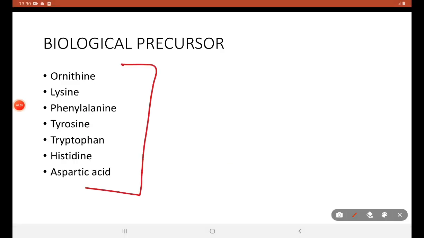Precursors: L-amino acids like ornithine, lysine, phenylalanine, tyrosine, tryptophan, histidine and aspartic acid.